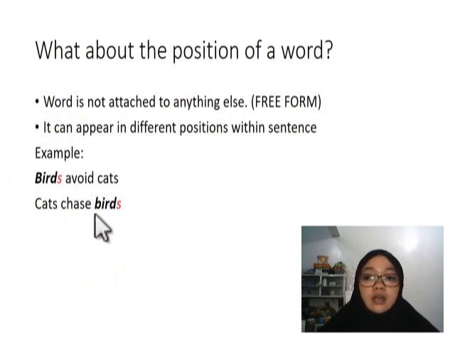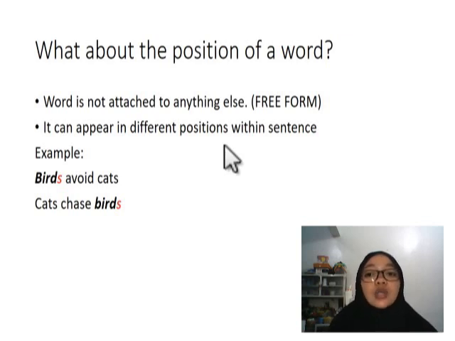While for the second one, birds appears in the final position of the sentence. So the position of a word is everywhere. It can be put at the beginning, in the middle, and at the end of the sentence. Remember that, of the sentence.